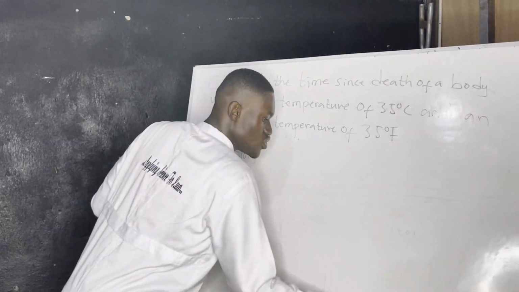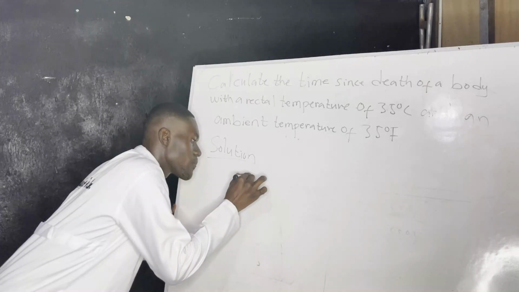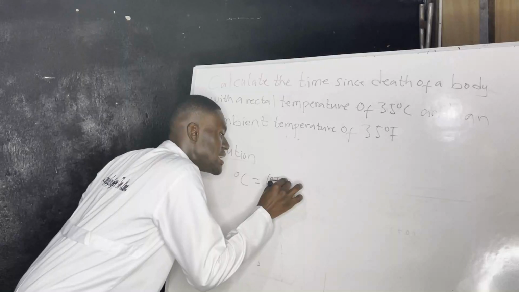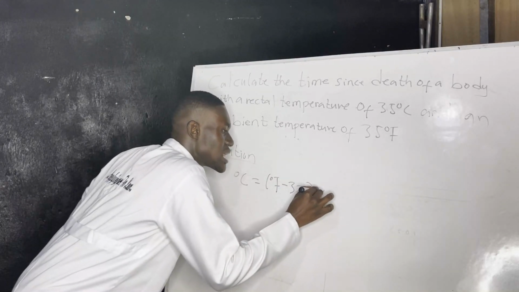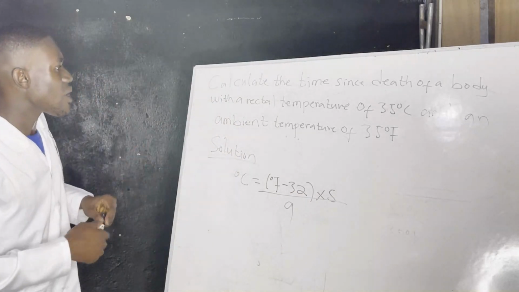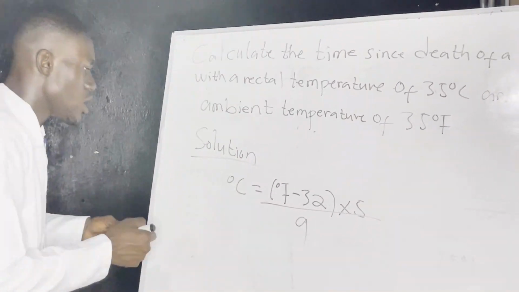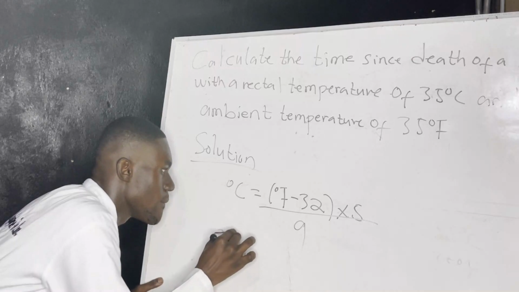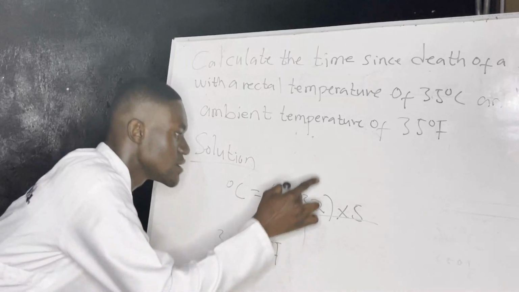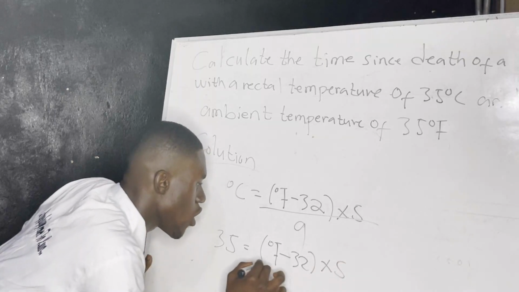So, using the conversion formula, degrees Celsius is equal to degrees Fahrenheit minus 32, times 5, all divided by 9. We have our rectal temperature to be 35, so we place it here: 35 equals the degrees Fahrenheit, which you are about to calculate, minus 32, times 5, all divided by 9.